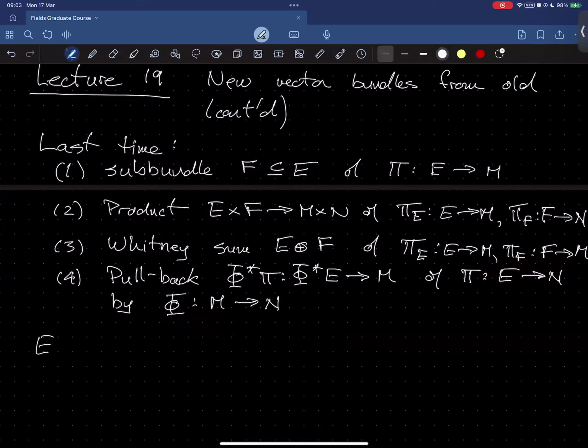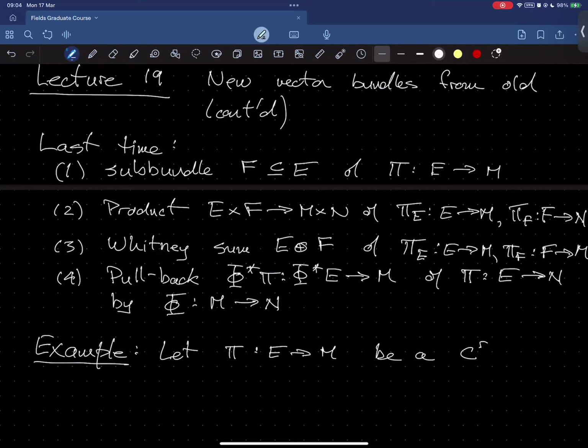So like I said, let me give you another elementary example of a pullback bundle. Suppose I have a vector bundle over M, and now let S be a submanifold.